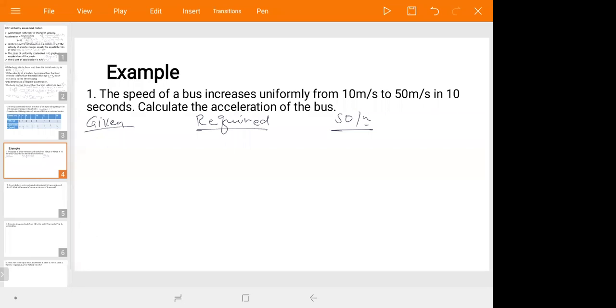Have you seen, students, what is the given? I think one student said 4 meters per second square. Let us see together.